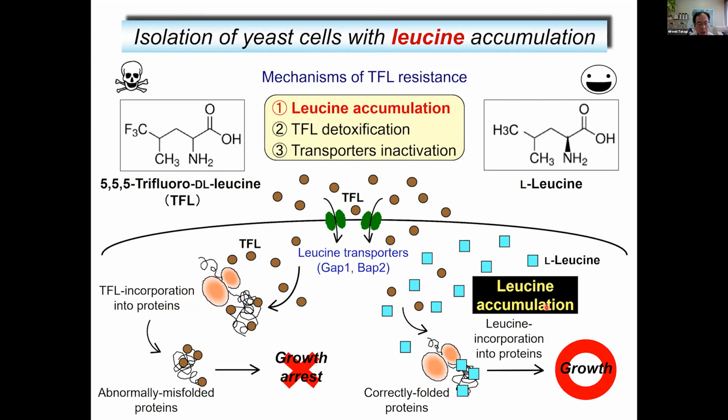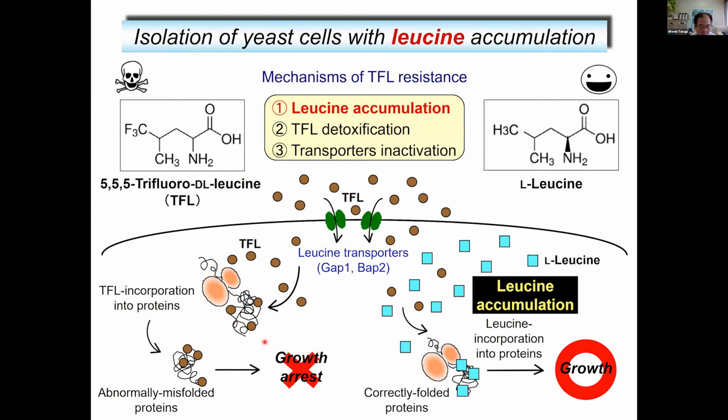So how can we isolate the yeast cells with leucine accumulation? It is generally said that the toxic leucine analog 5,5,5-trifluoro-DL-leucine, called TFL, is transported into the cells by leucine transporters.